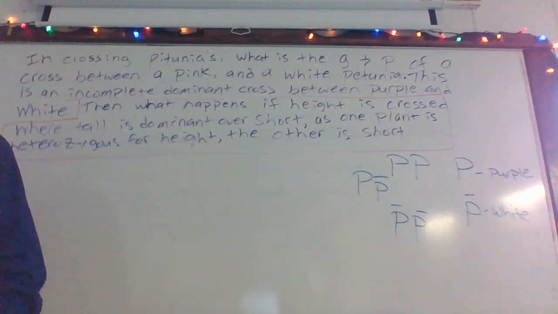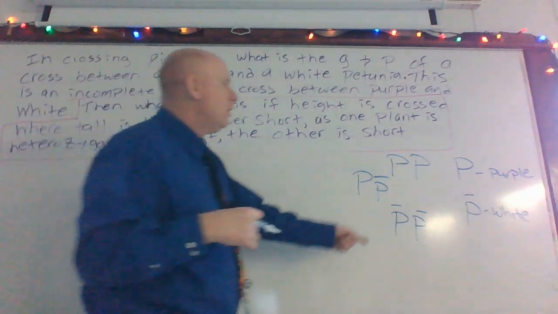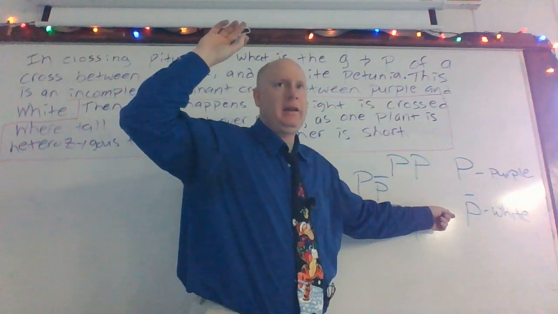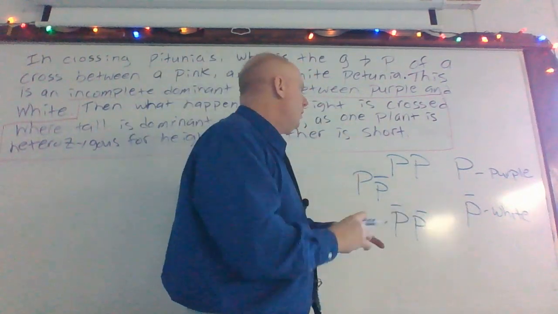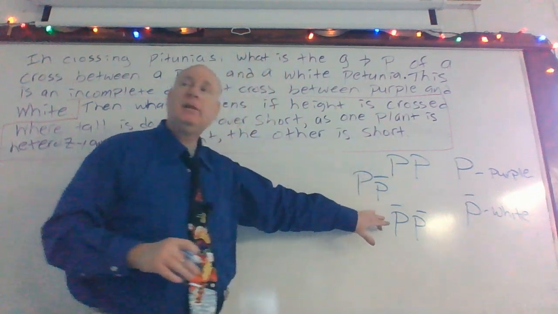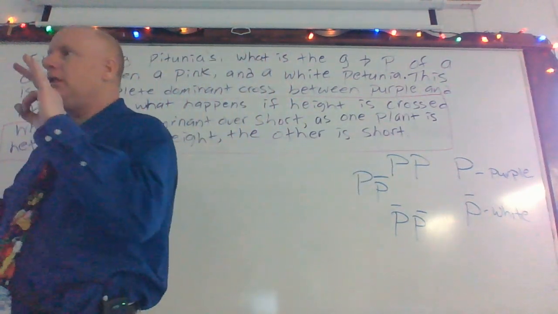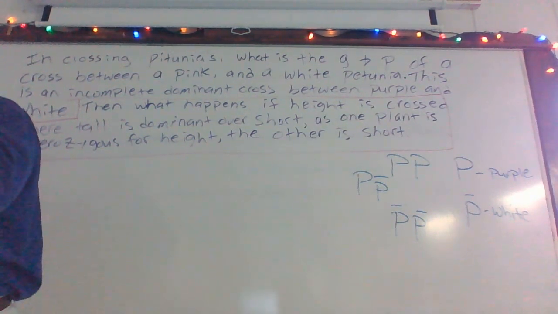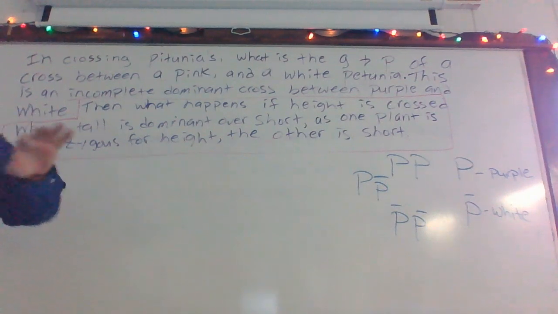What's the contrasting trait for purple and white? What does it tell you in the problem? Pink. Okay? So here we have three different genotypes and then three different phenotypes. Three genotypes, three phenotypes.